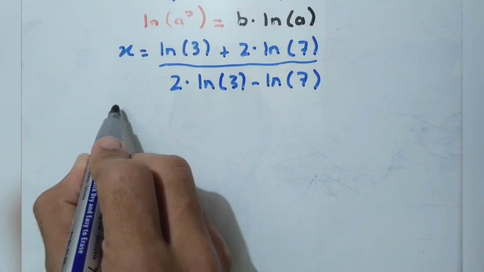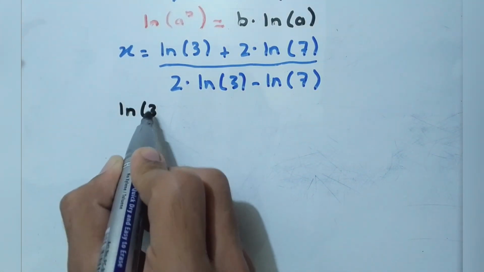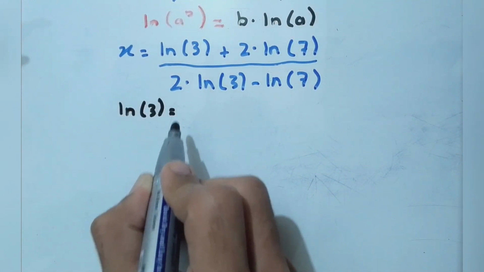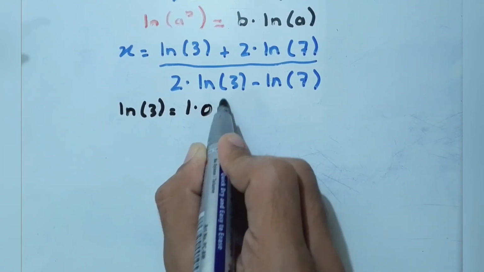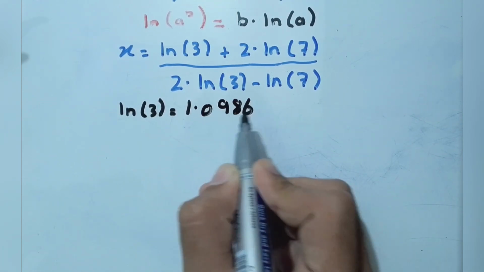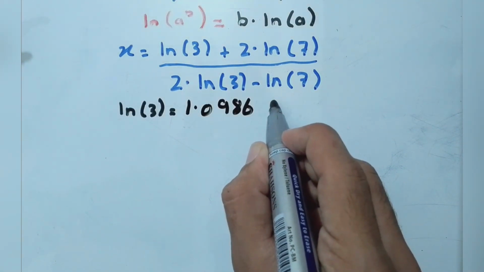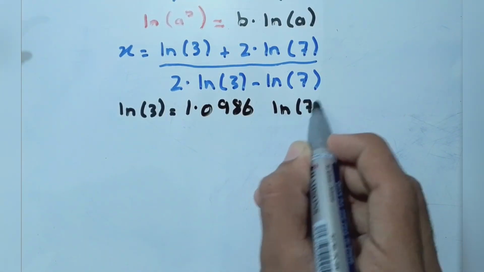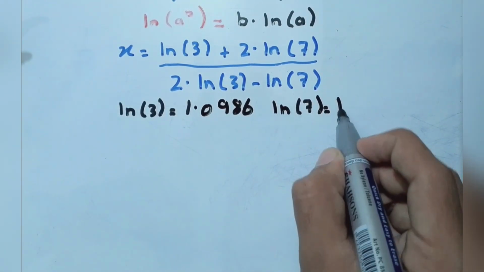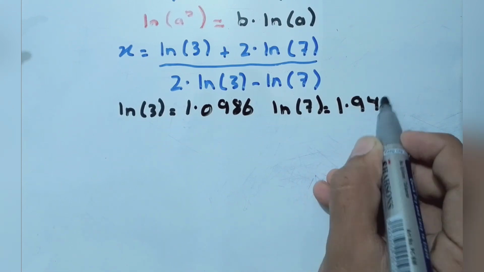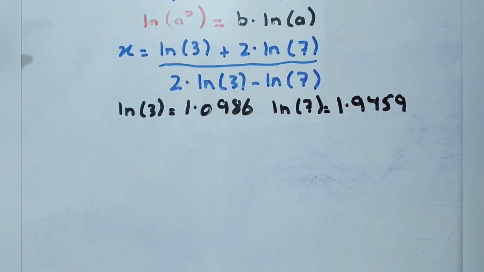So the first value, that is of ln 3, that comes out to be 1.0986, and this thing is correct to 5 significant figures. The value of ln 7, this comes out to be 1.9459. Once again, this is correct to 5 significant figures.